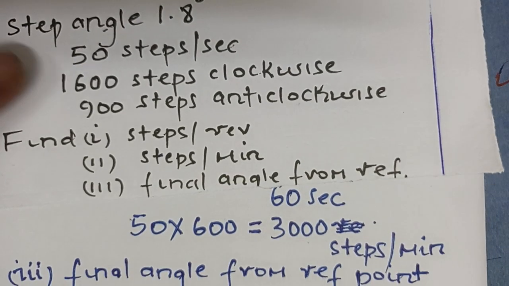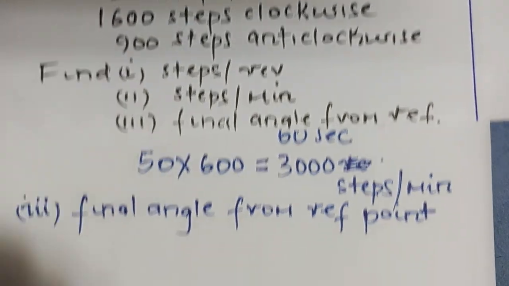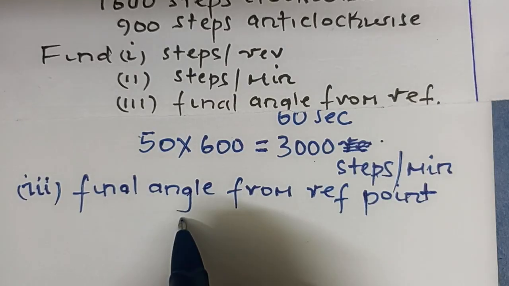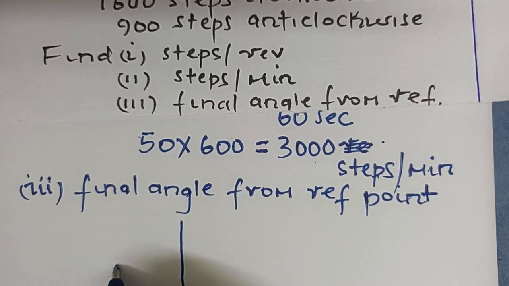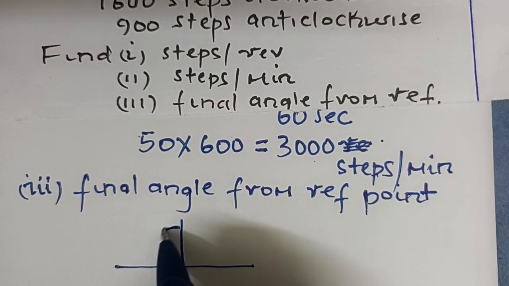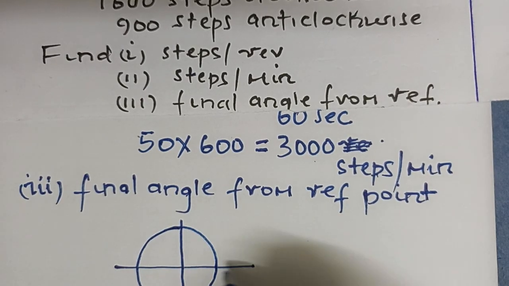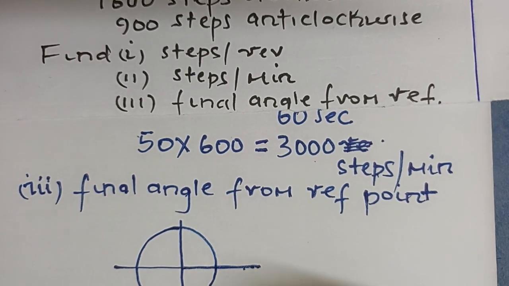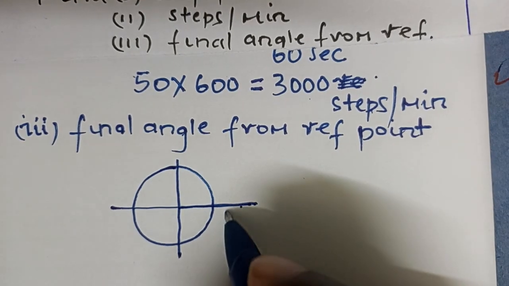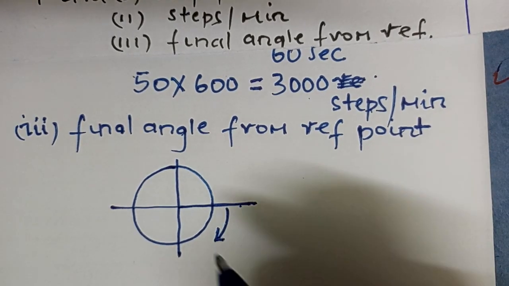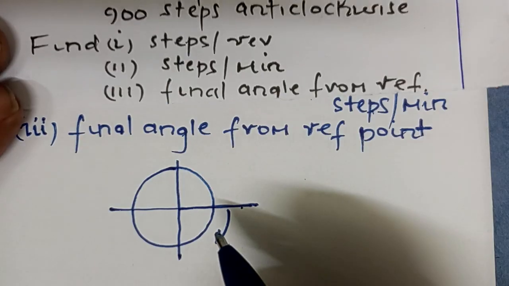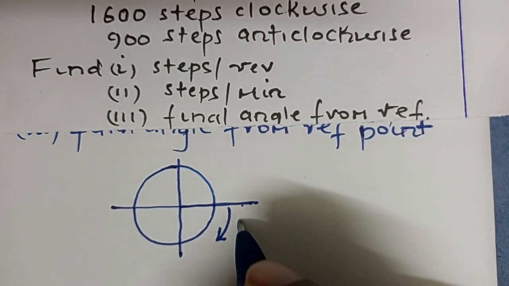We have 1600 steps clockwise. So let me just draw this here. This is the circle. Our reference point is at this point. And now we go this way, that is 1600 steps.